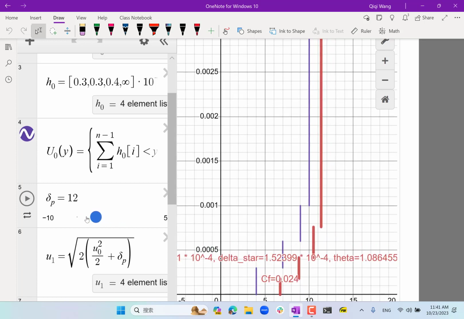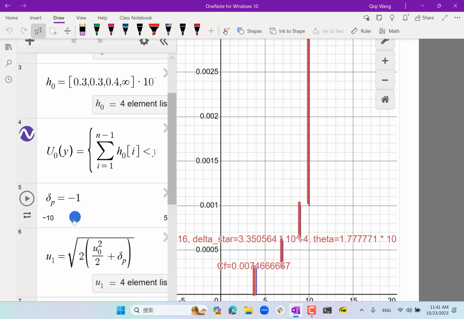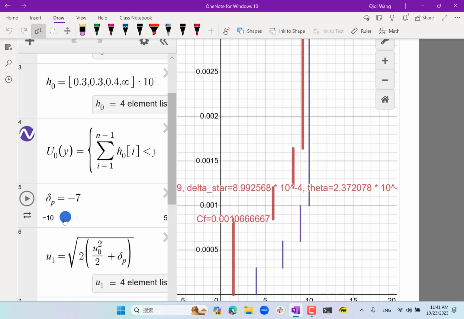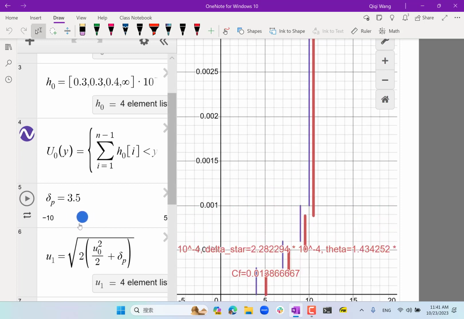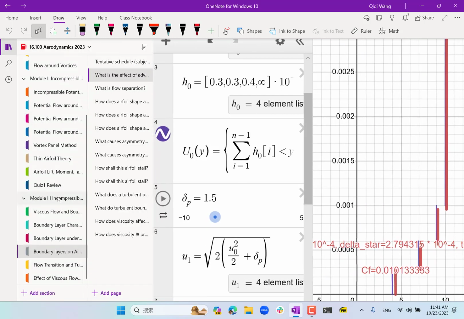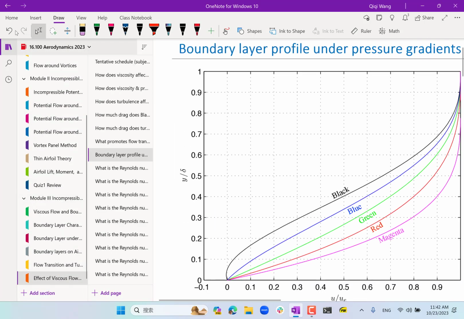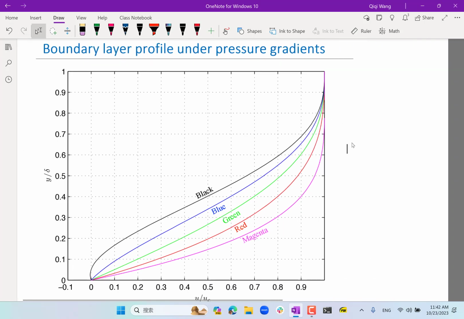And as we make it less and less favorable, and now to adverse pressure gradient, the boundary layer becomes something like this. So if you connect the center of these red lines to visualize what the actual boundary layer would be like, and then correlate this with what we see on the new slide, you might be able to figure out which one is adverse, which one is favorable pressure gradient.